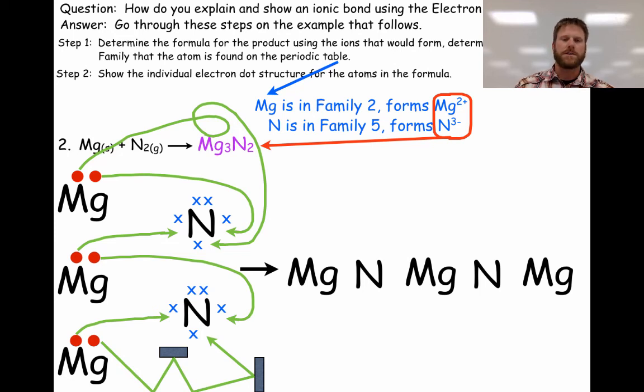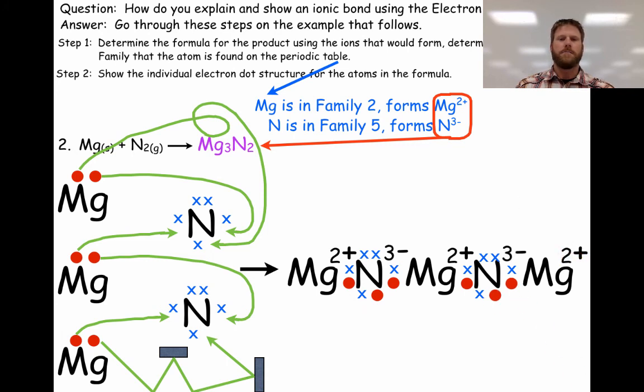The magnesium atoms have become cations, so we'll represent those with just 2+ charges. The nitrogens have gained 3 electrons. The electrons they've gained will represent as dots, and they will have a -3 charge. And that just repeats down the line here to make the compound magnesium nitride.